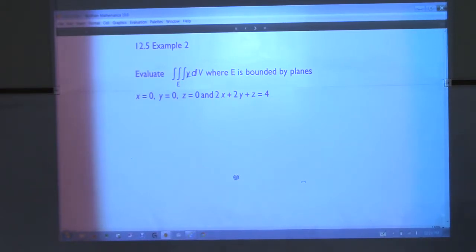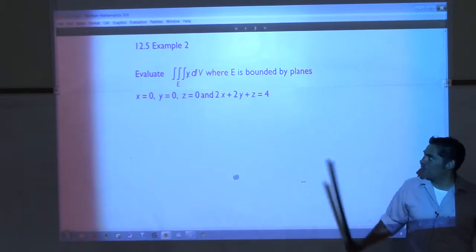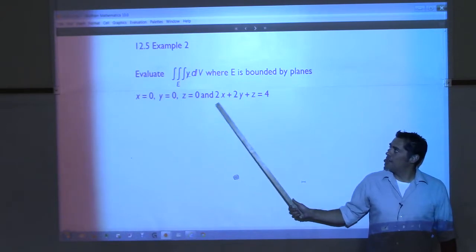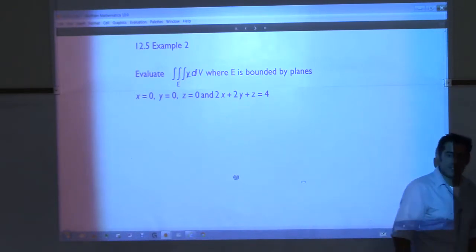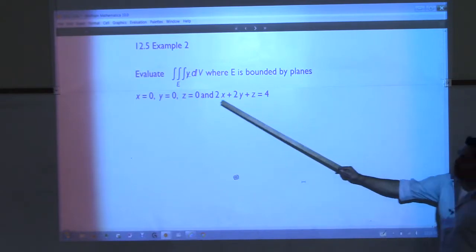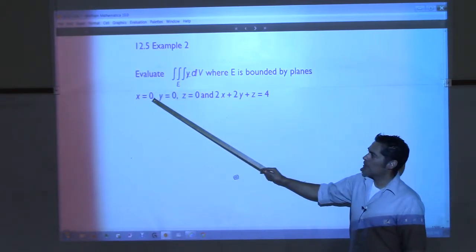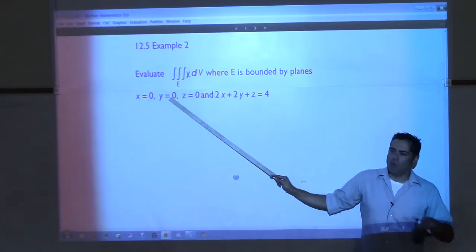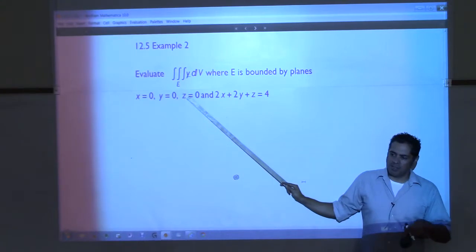X equals 0, y equals 0, z equals 0. And then 2x plus 2y plus z equals 4. All four of these are planes, right? X equals 0 is the YZ plane. Y equals 0 is the XZ plane. Z equals 0 is the XY plane, right?